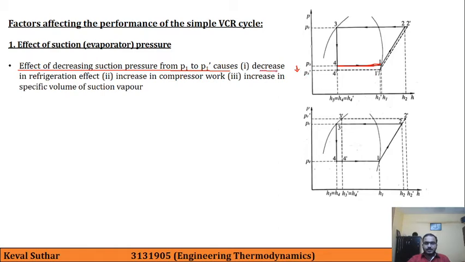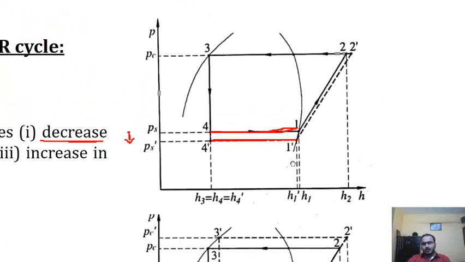There is a decrease in refrigeration effect. How? If you see carefully the distance of 4 to 1 and focus on the distance between 4 prime to 1 prime, the length of this line has reduced as we reduce the suction pressure.